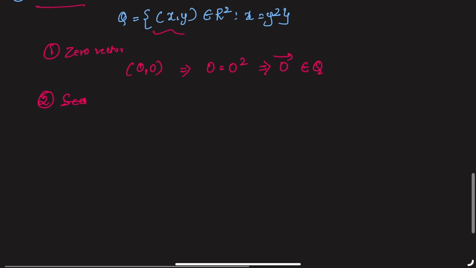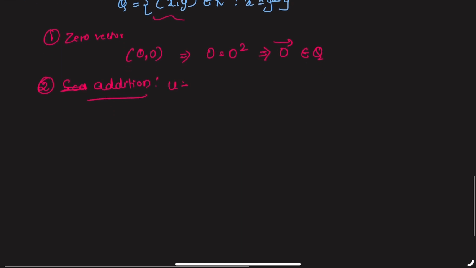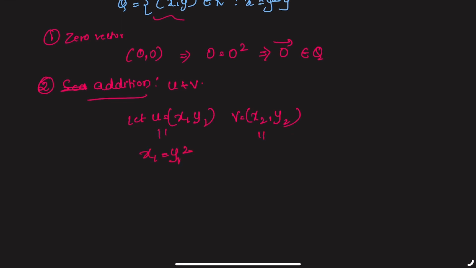Now the second one is addition, u plus v. Let us take two vectors, u equal to (x1, y1) and v equal to (x2, y2), meaning x1 is equal to y1 squared and x2 is equal to y2 squared.